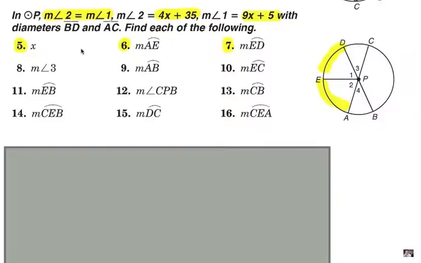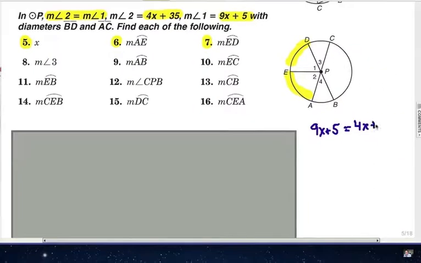All right, for number 5 here, looking for x, what we have to do is find an equation. Angle 2 is 4x plus 35. Angle 1 is 9x plus 5. We can make those equal to each other because of this first information here, right? So, angle 1 is 9x plus 5. Let's write that down. And angle 2 is equal to it, and that's 4x plus 35.